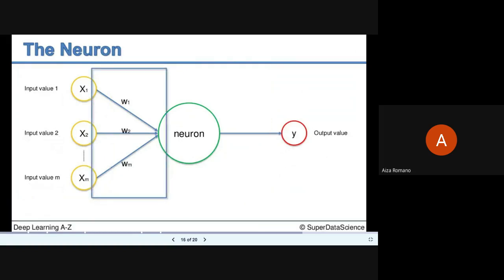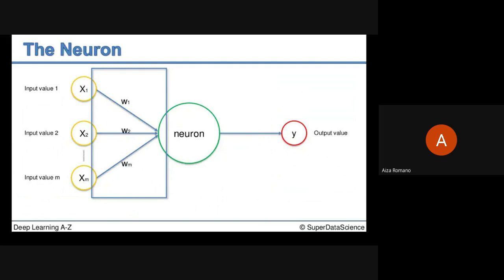Okay, so next thing that we want to talk about here is the synapses. Here we've got synapses and they all actually get assigned weights. We're going to talk more about weights further down, but in short, weights are crucial to artificial neural networks functioning because weights are how neural networks learn.